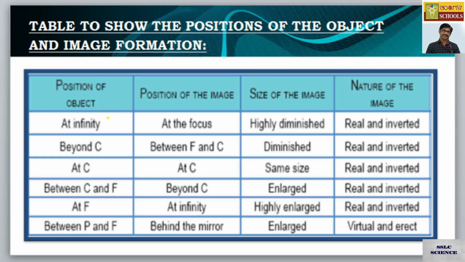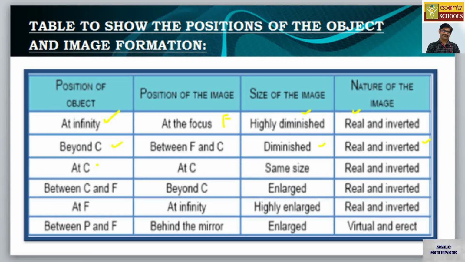When you place the object at infinity, you will find the image at F. Size is highly diminished, real and inverted as the nature of the image. When you place the object beyond C, you will find the image between F and C. The size is diminished, real and inverted for the nature.